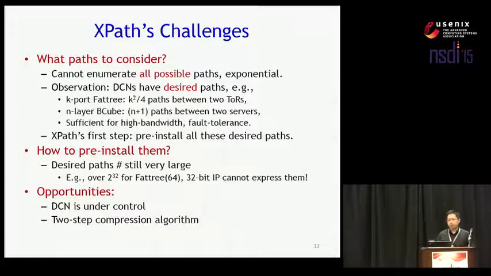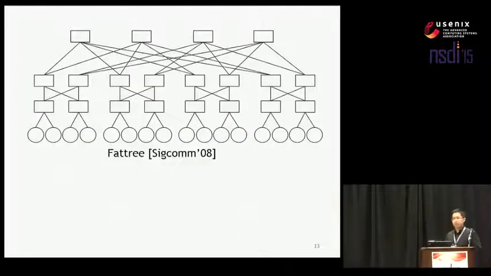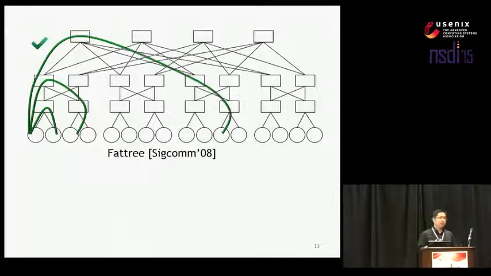This is a fat tree topology. Over this topology, there are desired paths like this. If two servers are located within a rack, the path will go through the TOR. If they are within a pod, they go through an aggregation switch. And two hosts located in different pods go through one of the core switches.